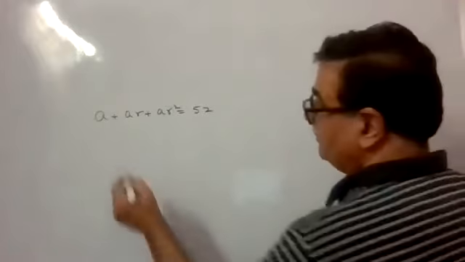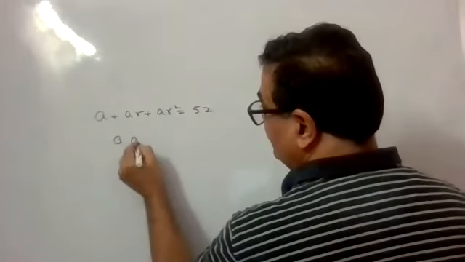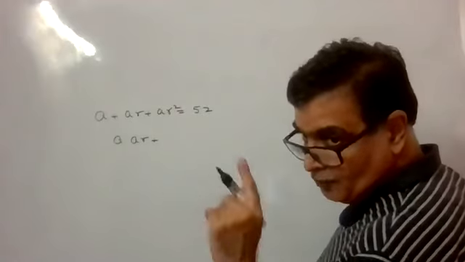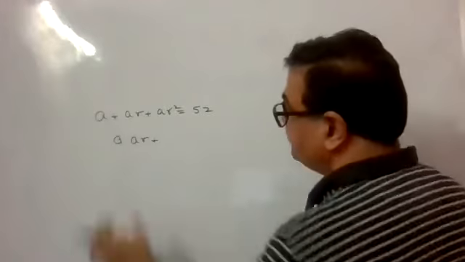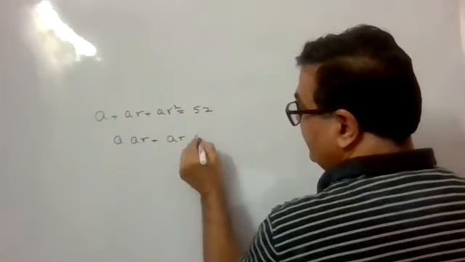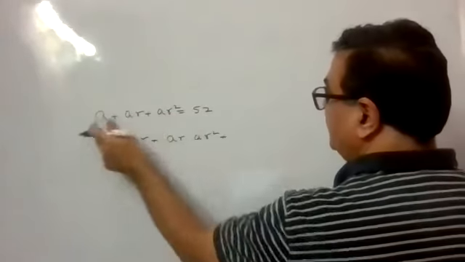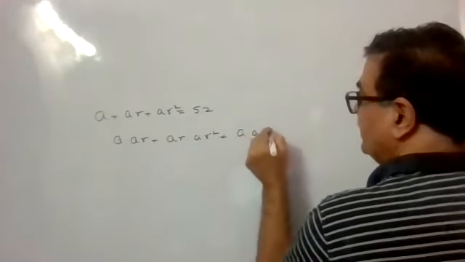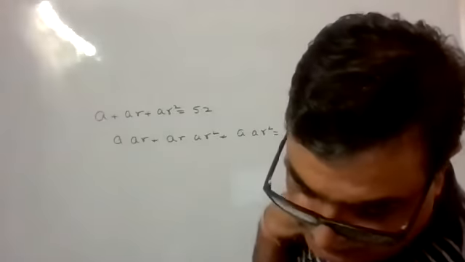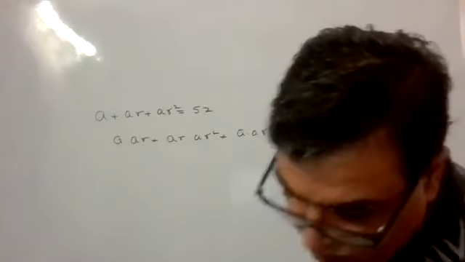What will the pairs be? A into AR, then AR into AR square, and the third will be A into AR square. That sum is given as 624.